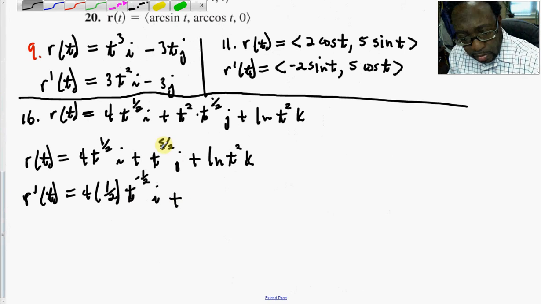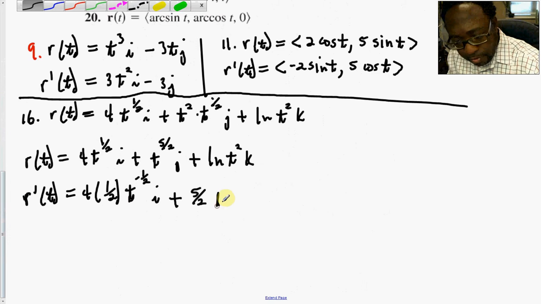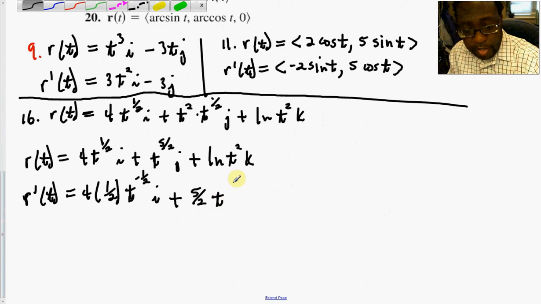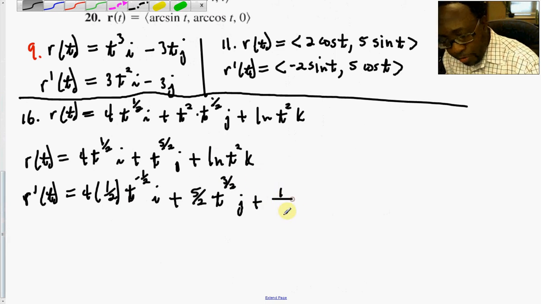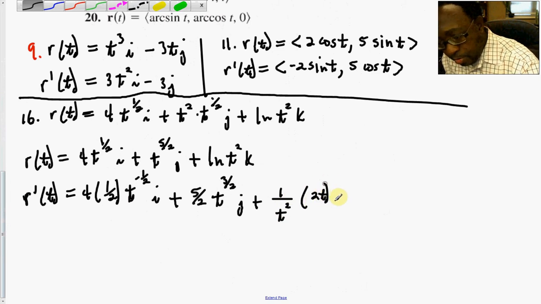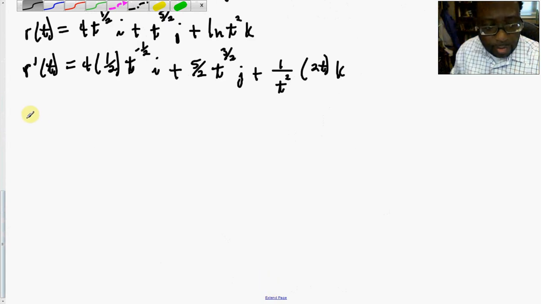Plus the derivative of t to the 5/2, which is 5/2 times t to the 5/2 minus 1, or 5/2 minus 2/2, so that gives us 3/2, for the j. The derivative of the natural log is 1 over the term, 1 over t squared, times the derivative of t squared, 2t.